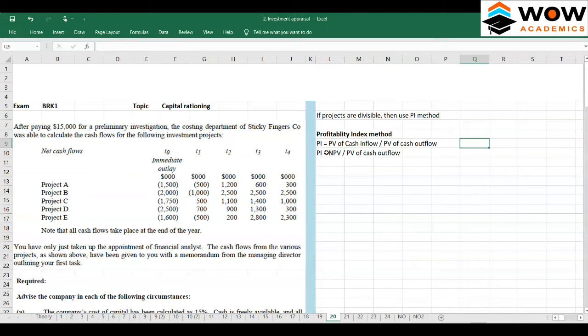If you're going to use this formula, select projects with a PI of more than one. Here, if you use the NPV approach, select projects which are positive. It's similar, but the only thing is here it should be more than one, so 1.1 like that you can select.